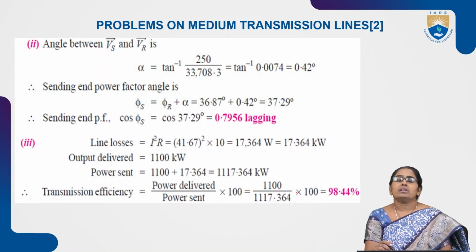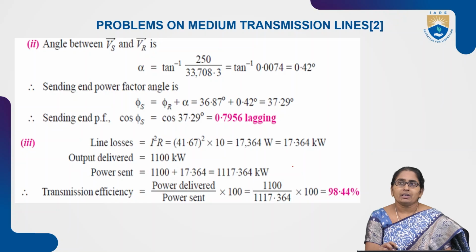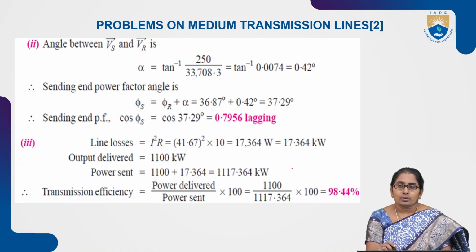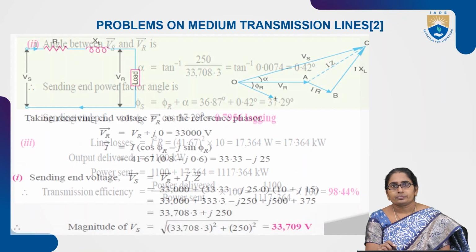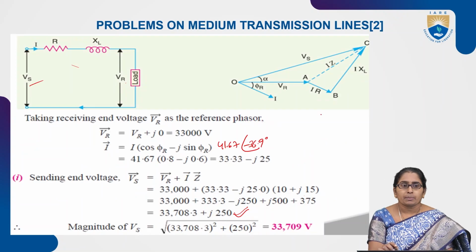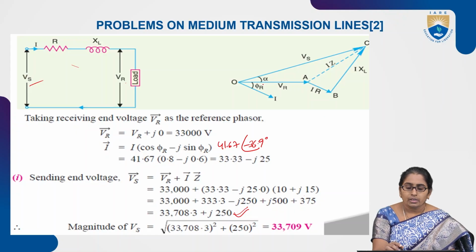And the second bit, they ask: calculate the sending end power factor, cos phi s. From the previous slide, cos phi s means the angle between Vs and Is.